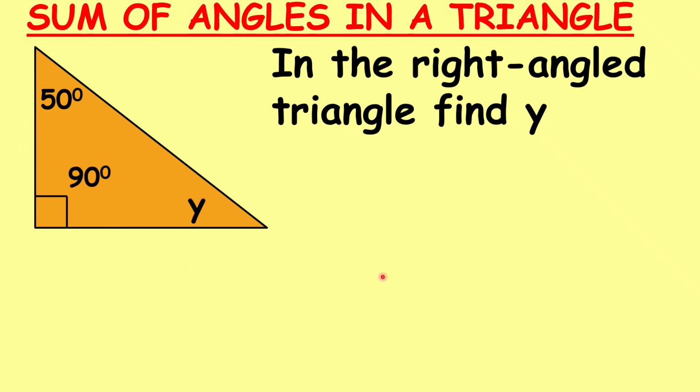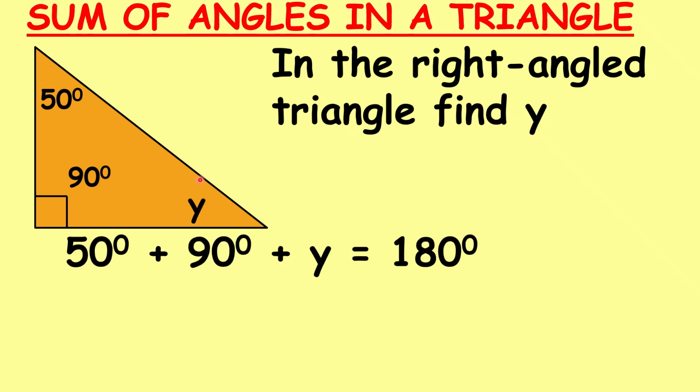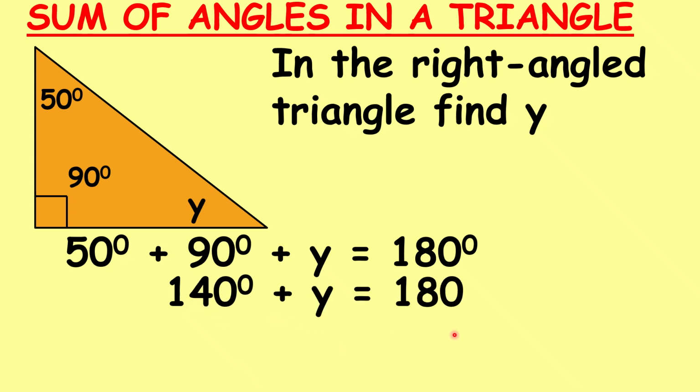So remember that the sum of angles in a triangle is equal to 180, meaning that 50 plus 90 plus y all should add up to 180 degrees. So 50 degrees plus 90 degrees, that's 140 degrees, plus y is equal to 180 degrees.